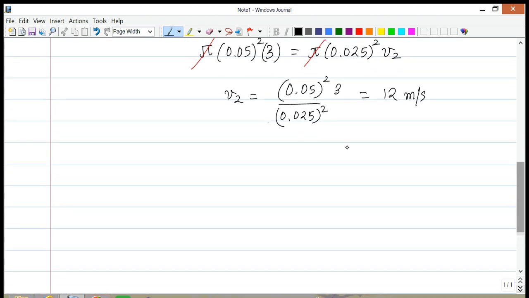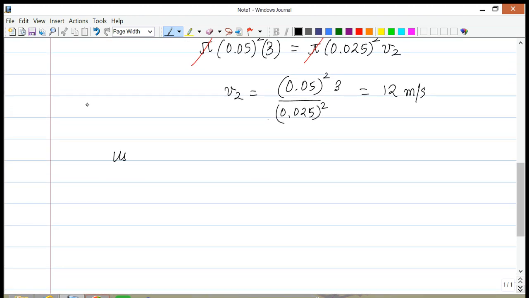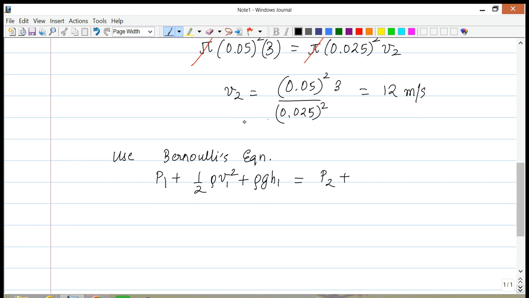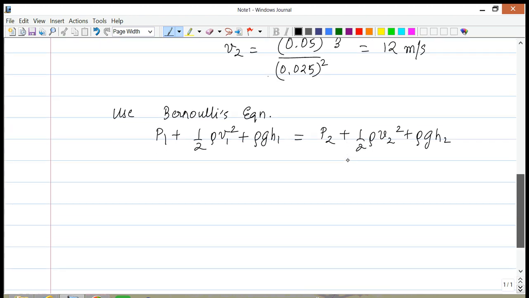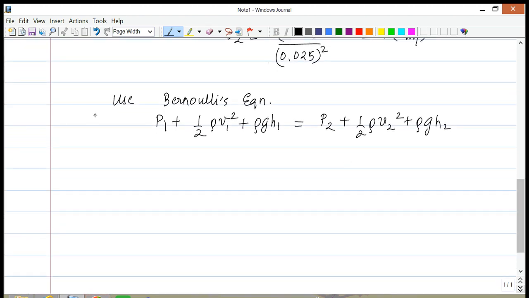Alright, now that we have this, we'll use Bernoulli's equation, and what that allows us to do is very simple. The pressure at one point plus 1/2 rho V1 squared plus rho g h1 is equal to the pressure on the other side plus 1/2 rho V2 squared plus rho g h2. Great. Now that we have all our terms, let's plug it in.